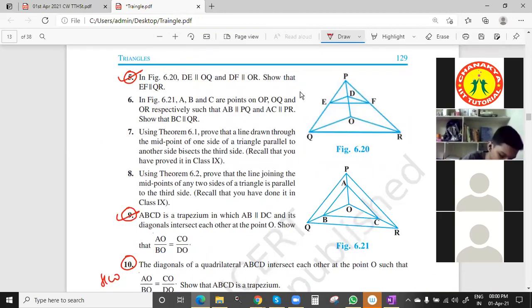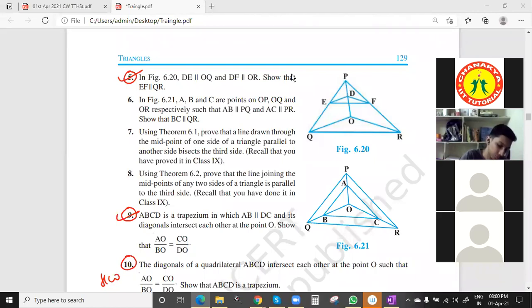Everyone got the answer? Okay, good. We just have to write the ratio of the sides. Because parallel lines are there, the ratios of the sides will be equal.